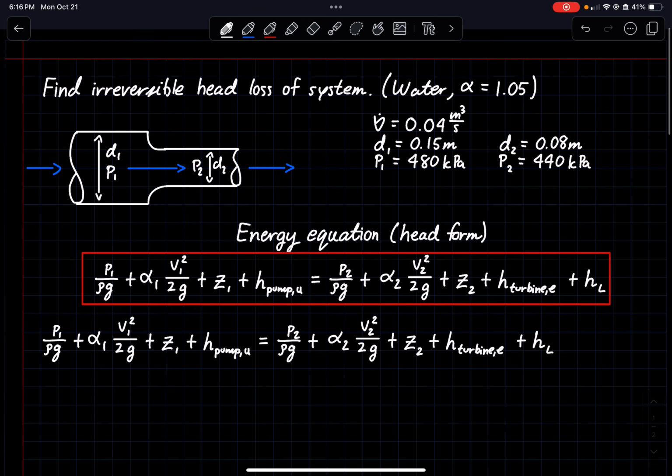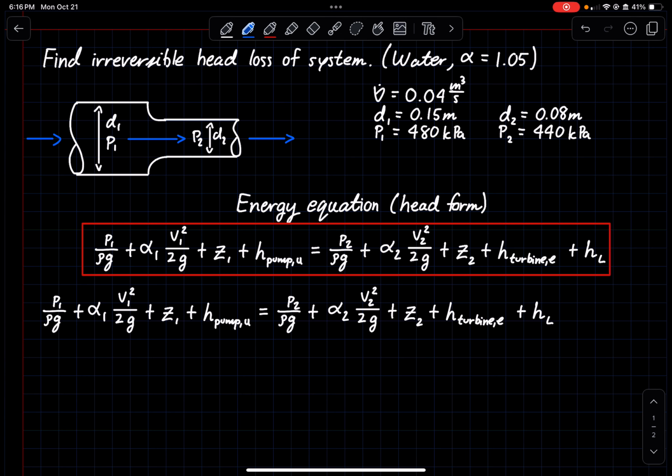So starting on the left, it says pressure 1 over density times gravity. We are given a pressure at this location and density is known. We have water. That term is perfectly good. We're good down here.